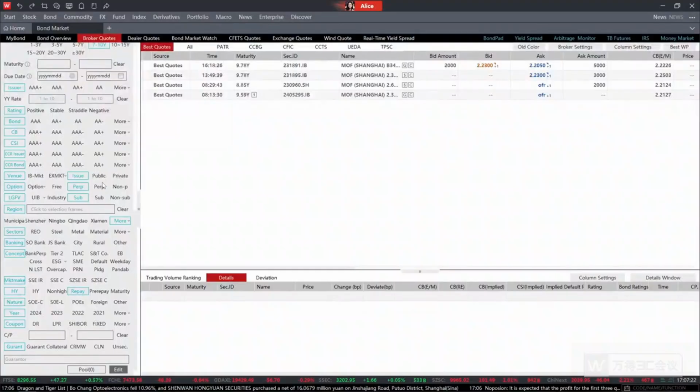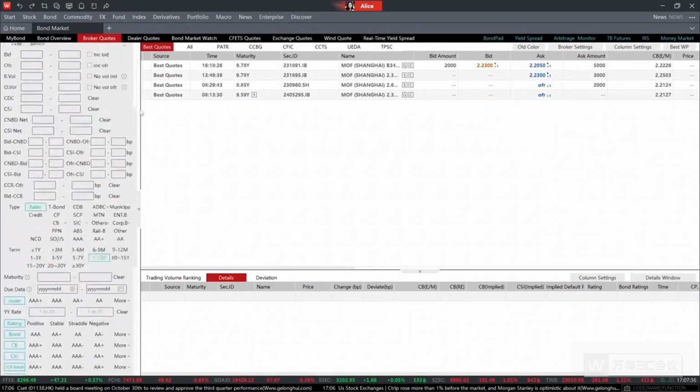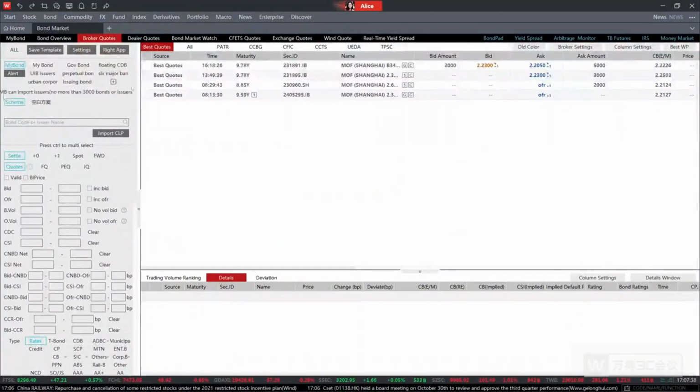So with such a filter, it can help the trader focus on a smaller range of bond trading. And at the same time, such a filter can be saved as a template for your next time to use. When we scroll up to the top of this filter, we can just save such a template.